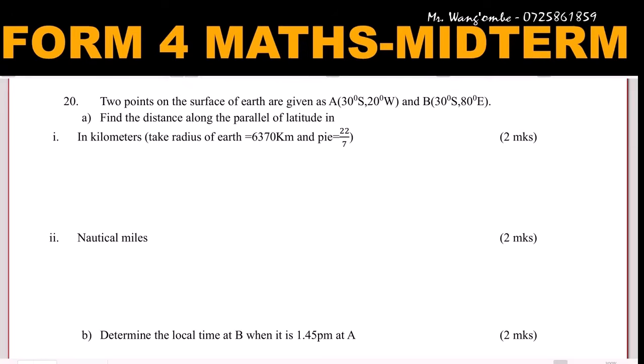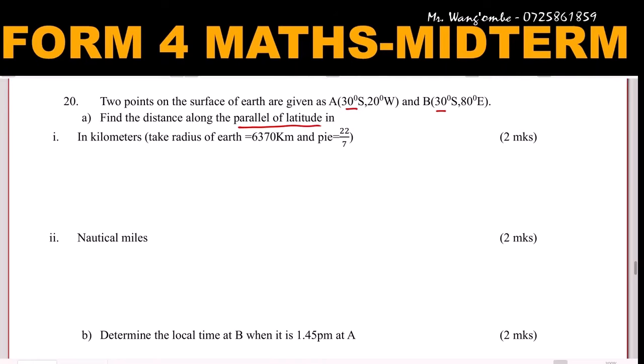So the first thing you need to do is to check whether these two places lie on the small circle, the parallel of latitude. You see that by looking at the positions here. Both of them are 30 degrees south, but on different longitudes, 20 degrees west and 80 degrees east.